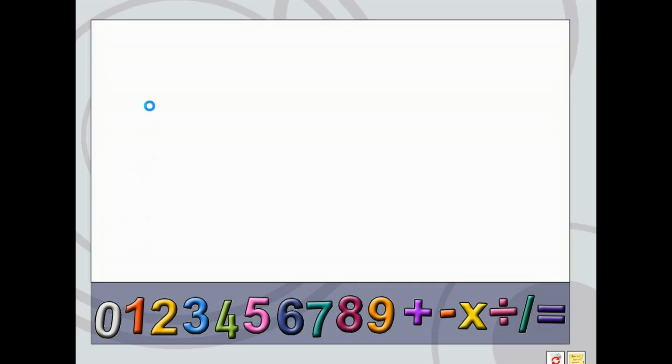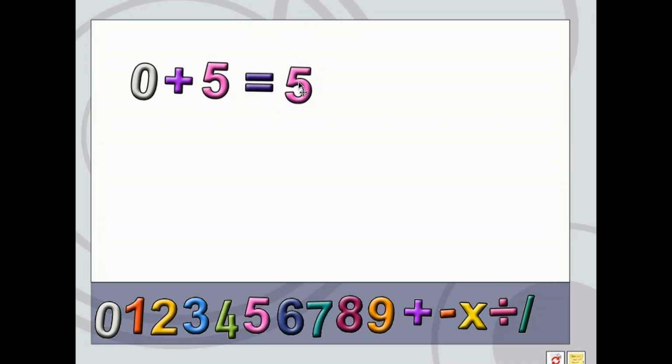Say for example, to show addition, let's say 0 plus 5. 0 plus 5 equals 5.